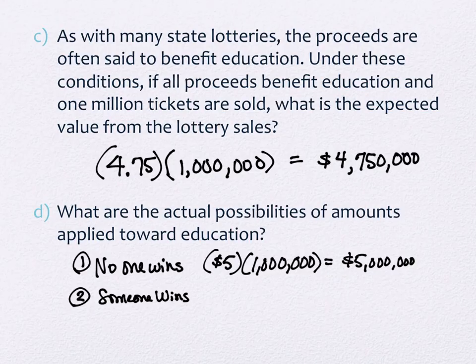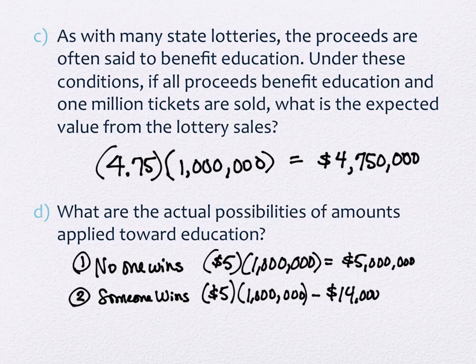So if someone wins, they've still had $5 per ticket brought in as income, correct? But what do they have to pay out then? Well, the jackpot. What was the jackpot? It was 14 million. Okay, so what happens when I take 5 million and I subtract 14 million?